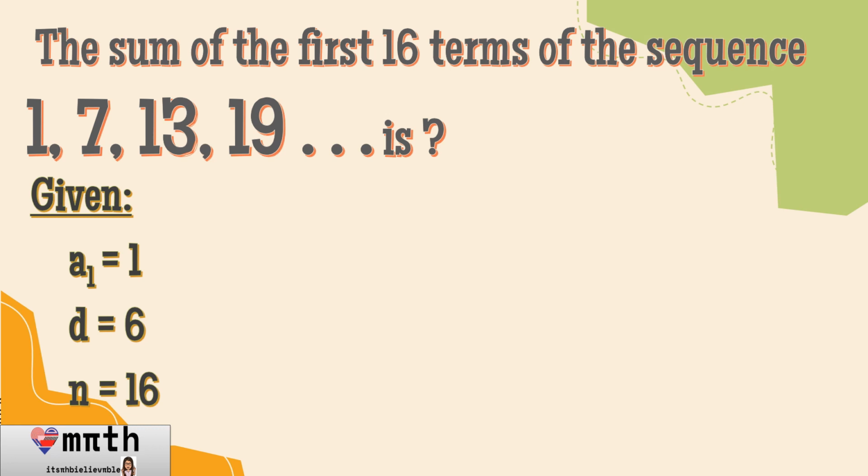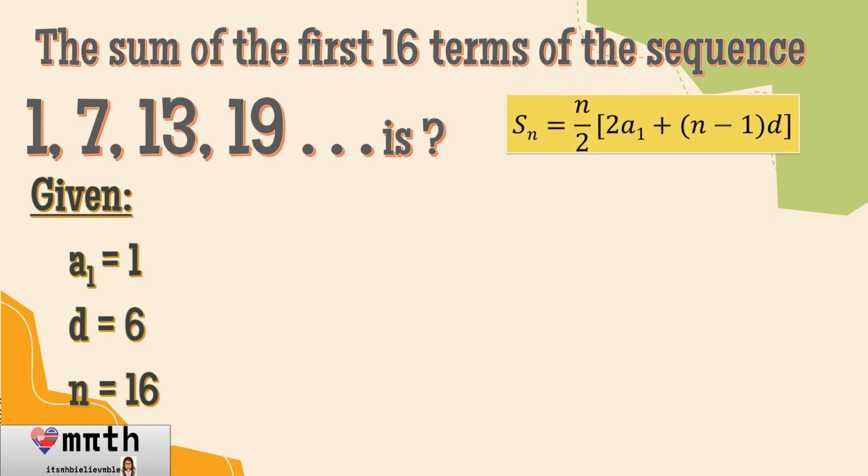Based on that given, we're going to get the value of our arithmetic series, which is S sub n is equal to n over 2 multiplied by 2 times a sub 1 plus n minus 1 multiplied by d. As you notice, we have a finite sequence here because we don't end at 19.